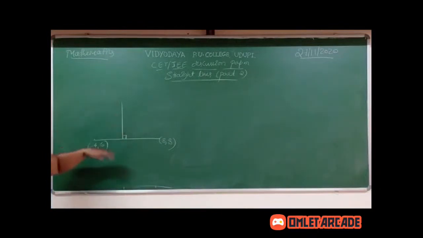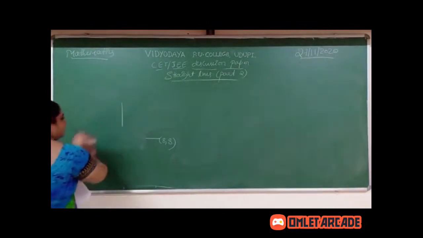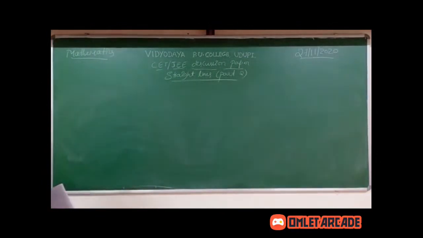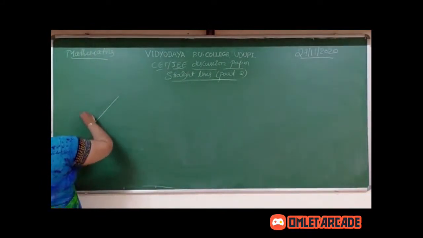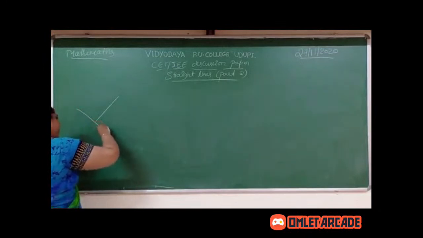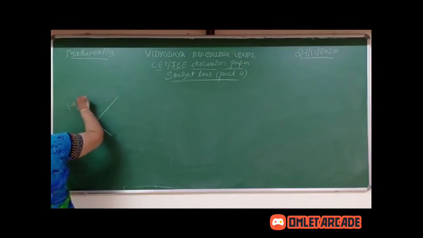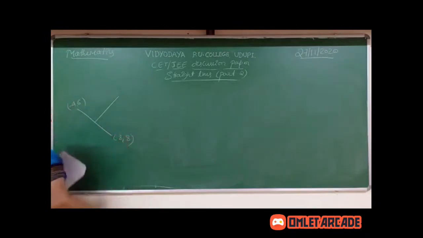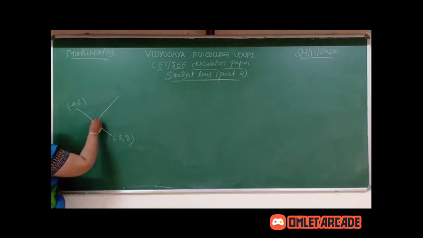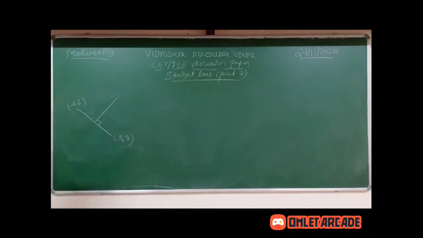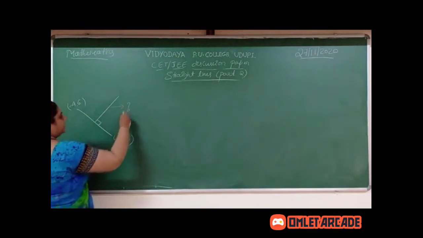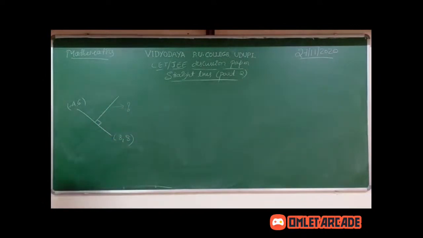Don't think this is a vertical line; I drew it randomly, okay? If you get confused, we need to find the equation of this line which is bisecting perpendicularly the line joining the points. What are the points? Minus 4, 6 and 8, 8. This is the question. Bisecting perpendicularly. You need to find the equation of this line, isn't it?